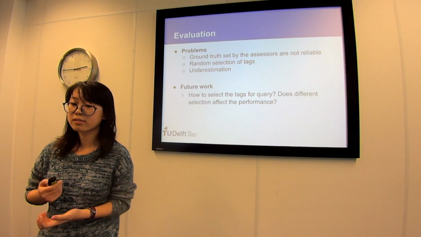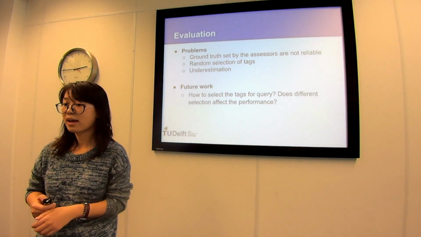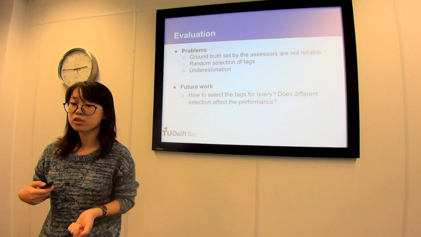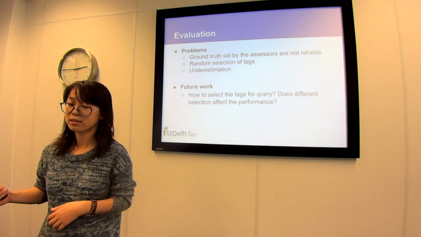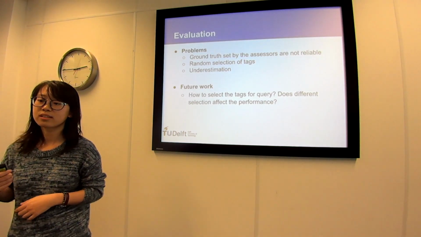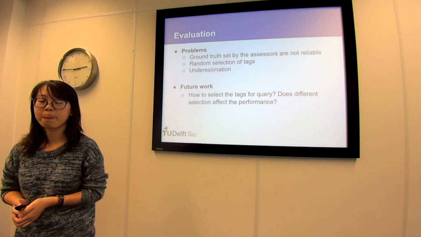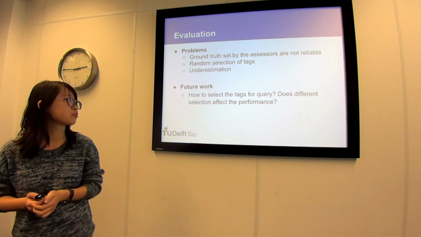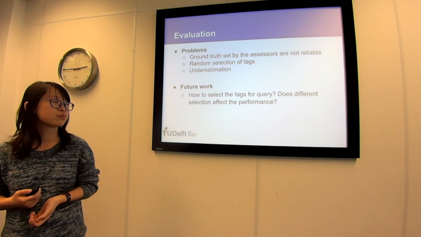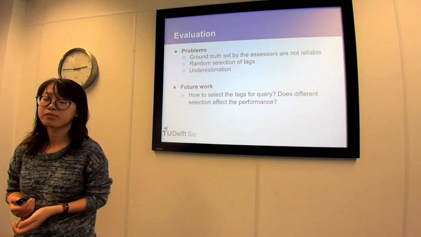This would cause an underestimation of our system's performance, because there may be other texts relevant to the image that are not taken into consideration, and the selection of the text for the query or for the evaluation is random. So future work should look at how to select the text for the query and whether the different selections affect the performance of the system.